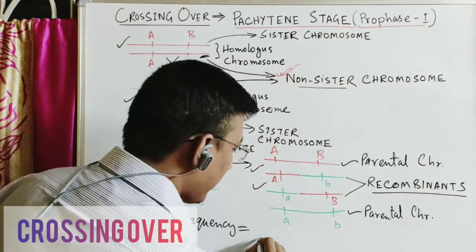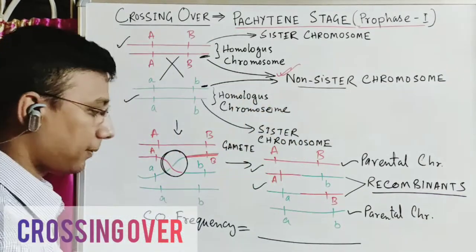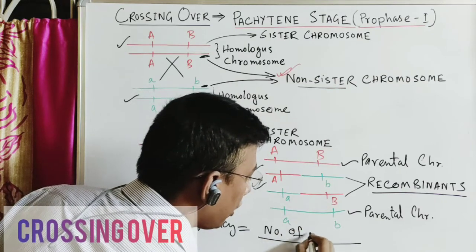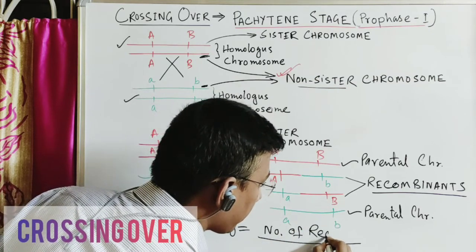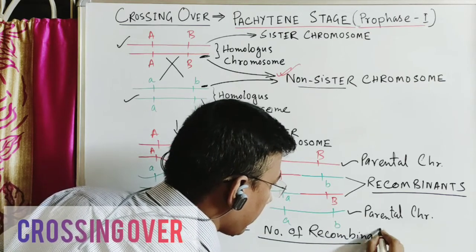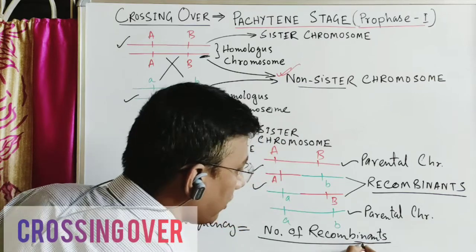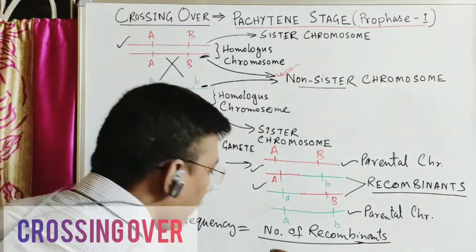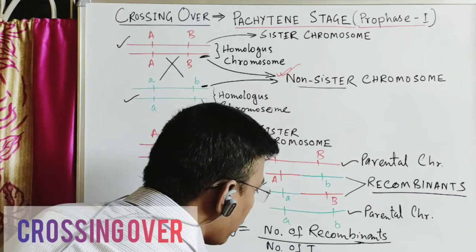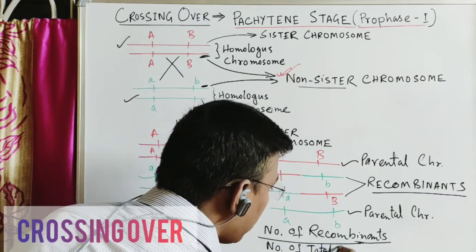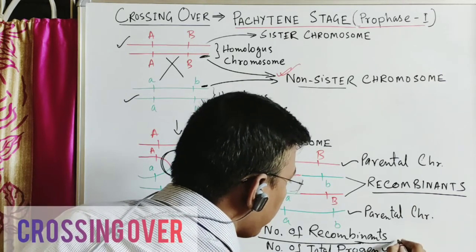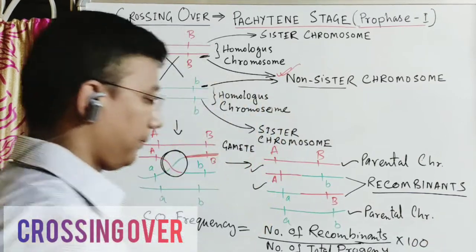So, always remember that it is the number of recombinants divided by the total number of progeny, into 100.